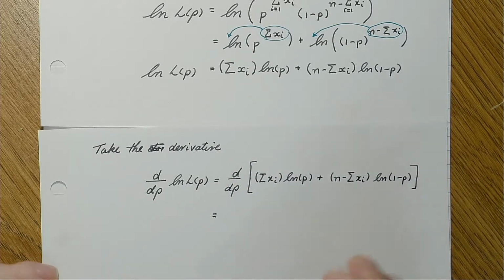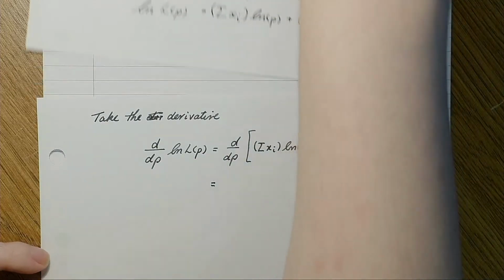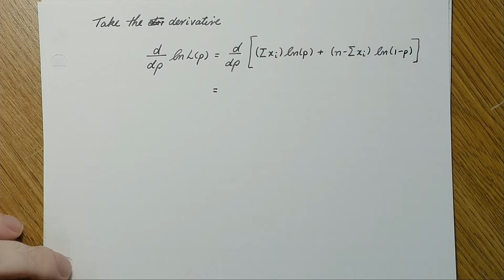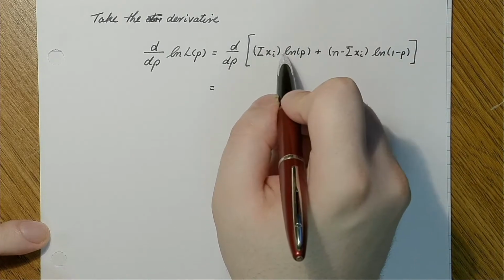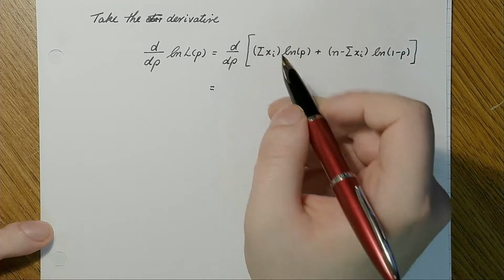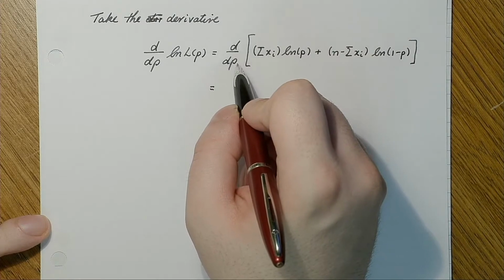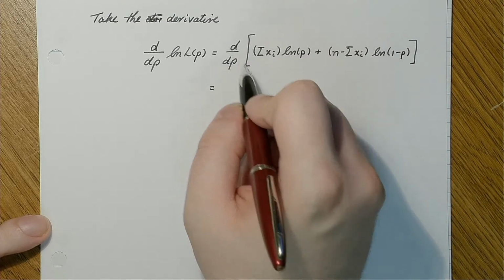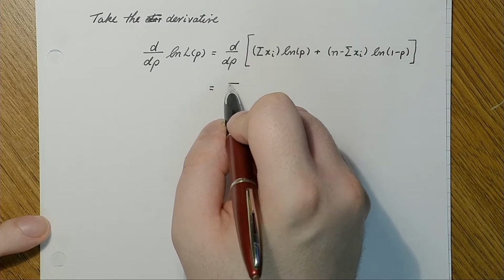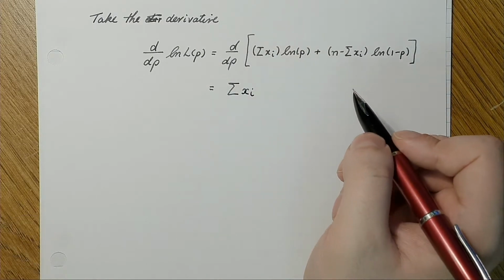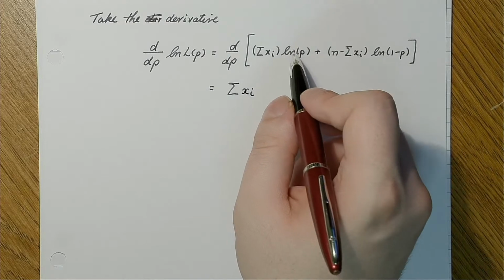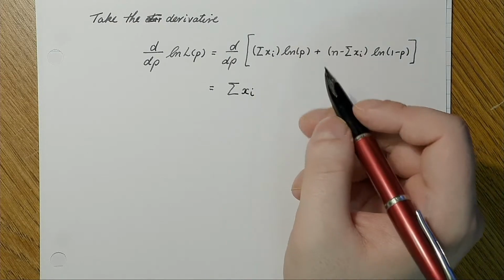Now what's nice about this is that the derivative applies to each of these terms. I don't have to worry about the summation of xi, because I'm taking the derivative with respect to p. So I'm left with just the summation there. And what's the derivative of ln p with respect to p?